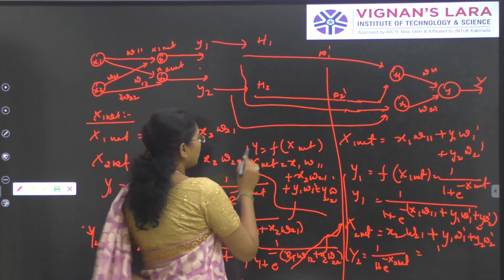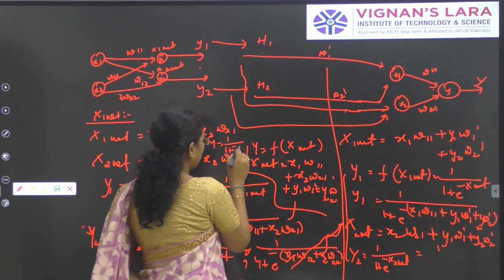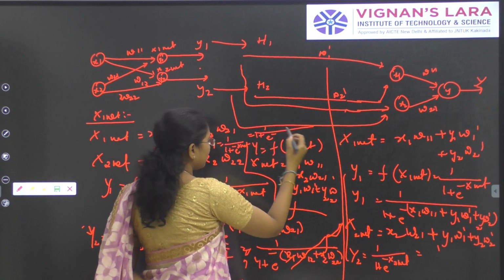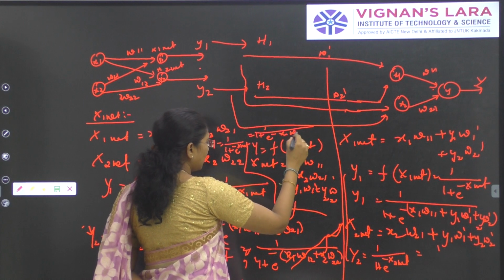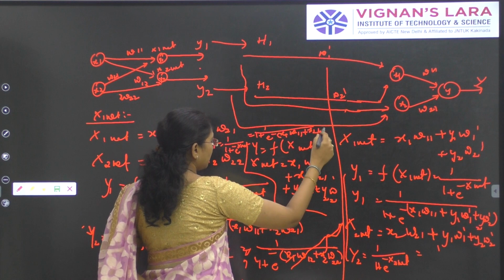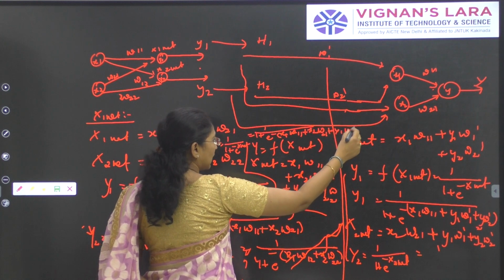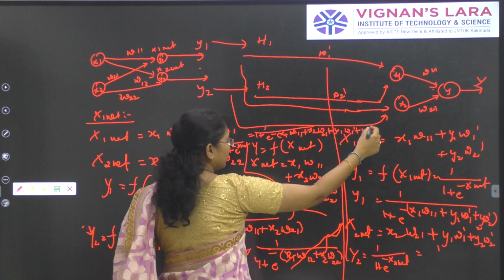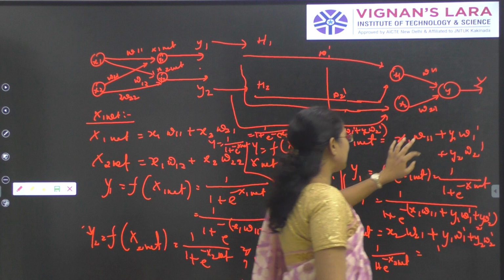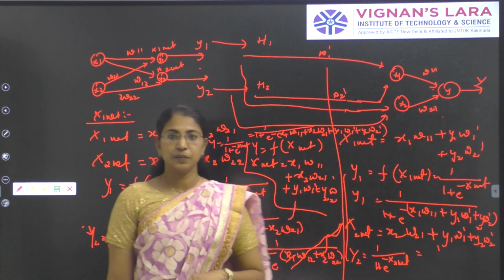Now what is your y? 1 by 1 plus e power minus x net, which is 1 by 1 plus e power minus (x1 w11 plus x2 w21 plus y1 w1 dash plus y2 w2 dash). This is your new output by sending this information to the new network.